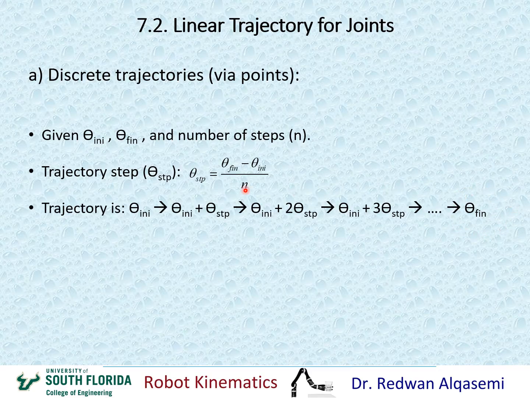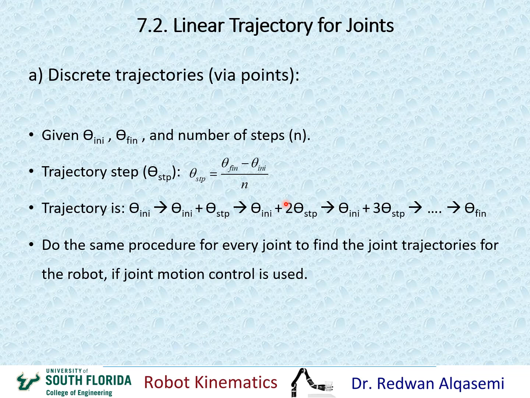Okay, now remember, all this trajectory here is for a single joint in my robot. If my robot has multiple joints, I'll have to repeat this step until I find the trajectory for all of my joints. So this procedure basically can find you multiple trajectories for your robot so that each one of the joints can follow its own trajectory.